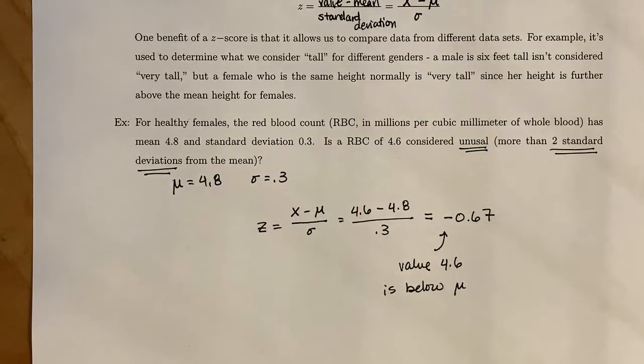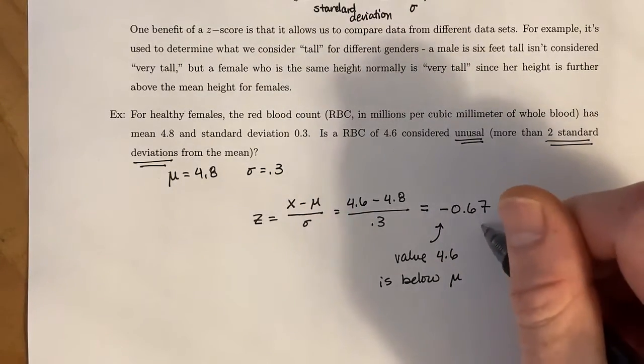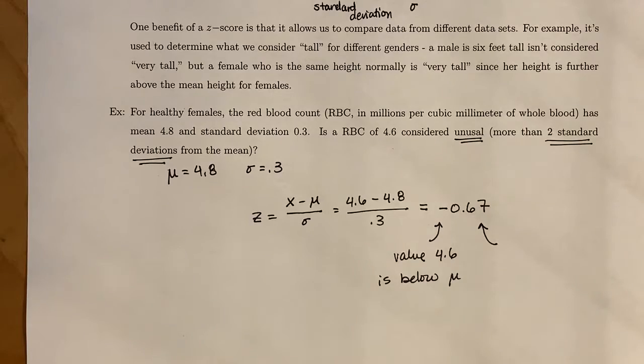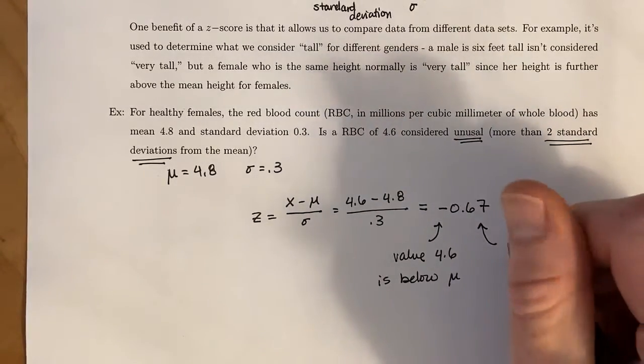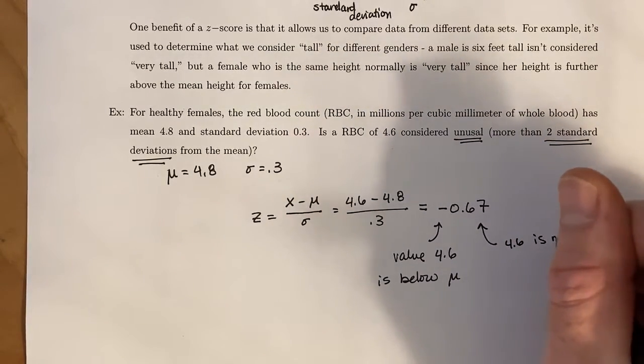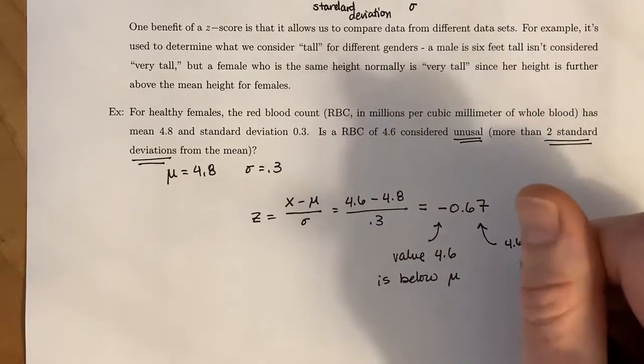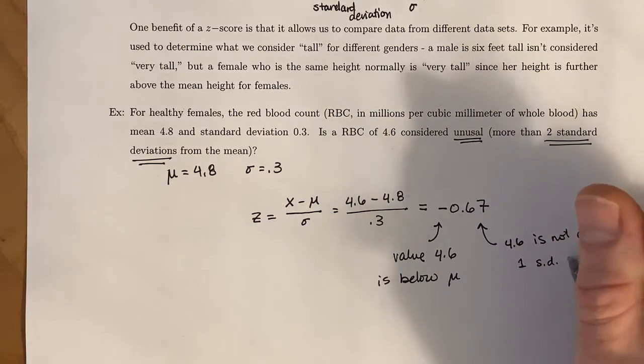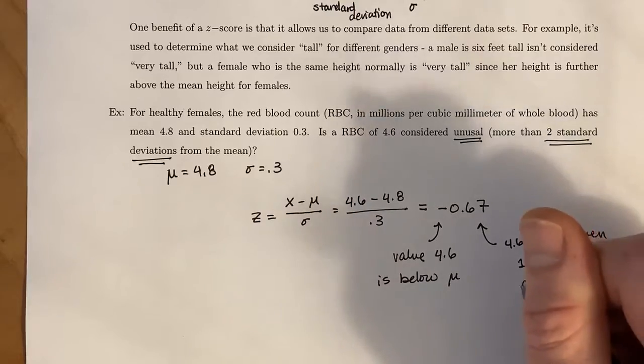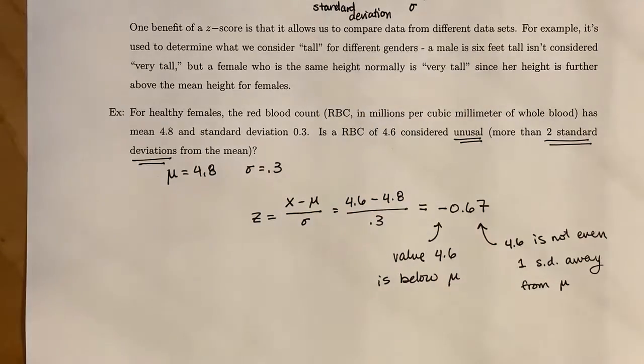That's the only way we can get a negative out of this formula. And then this 0.67, well, we know that the standard deviation is 0.3, but 4.6 and 4.8 only differ by 0.2. So this means that 4.6 is not even 1 standard deviation away from mu.